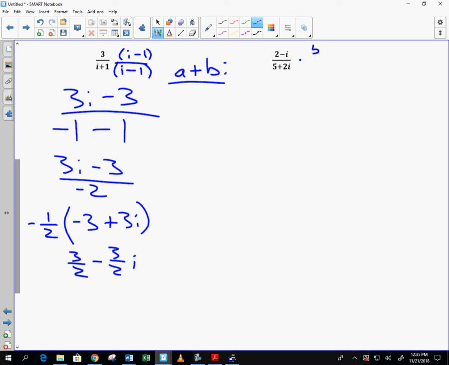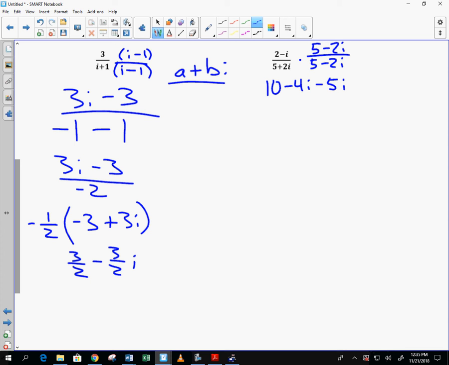Multiply top and bottom by the conjugate. 5 minus 2i over 5 minus 2i. We'll do the top. 2 times 5, 10. 2 times -2i, -4i. Negative i times 5, -5i.